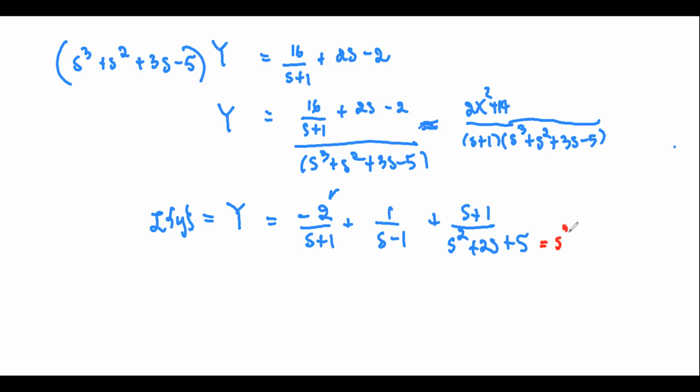So s squared plus 2s, so make the perfect square. So we add 1 minus 1 plus 5. You see what I do? For the first two terms, to make a complete square, you add another term to make the first three terms the perfect square.